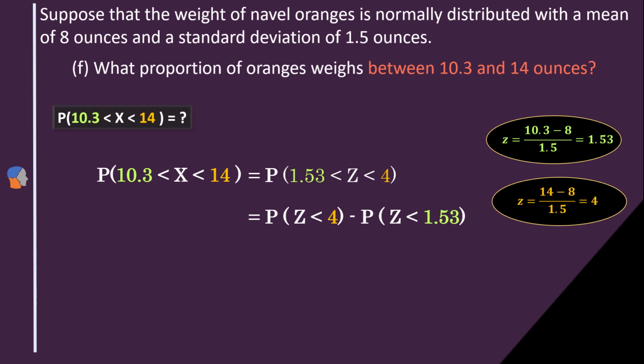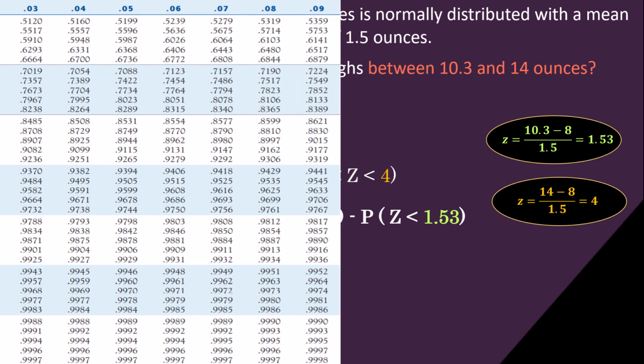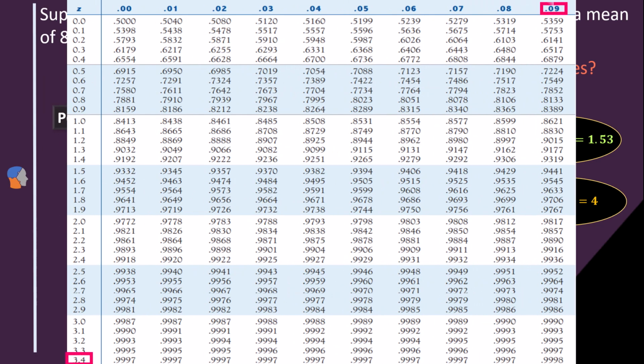Now you see we have z values and the less than part. Therefore, we can go to the table. First, the probability of z less than 4. Actually, using the table, we can find the maximum value. The maximum z value is 3.49. That is the maximum we can go, with probability 0.9998.